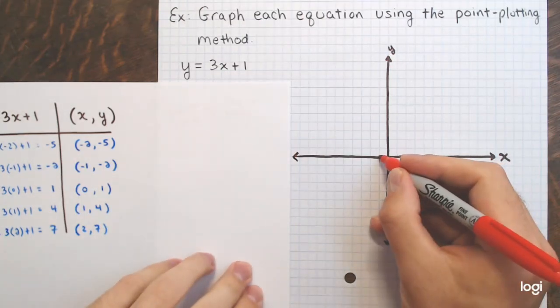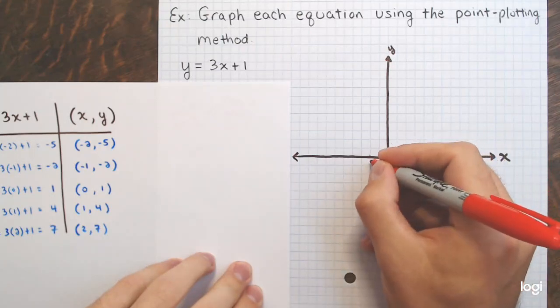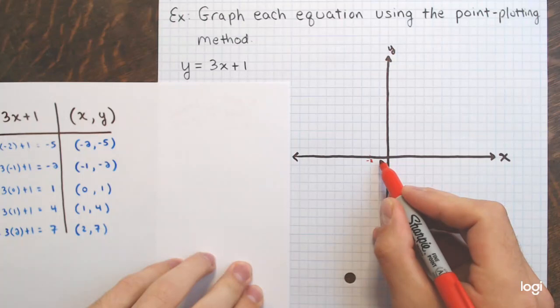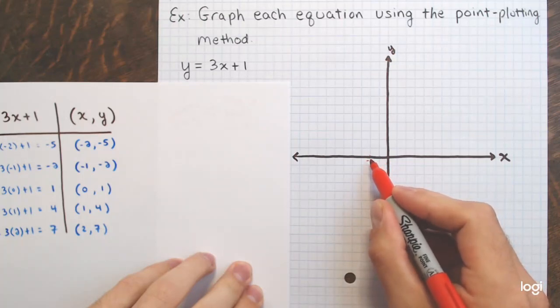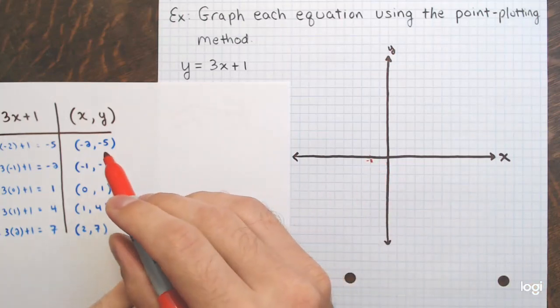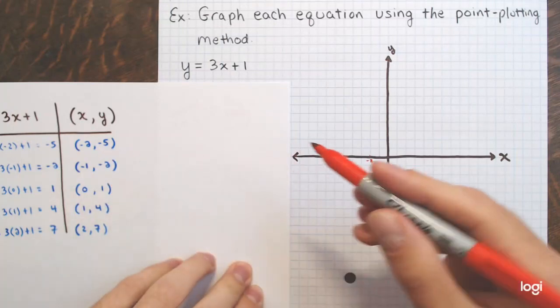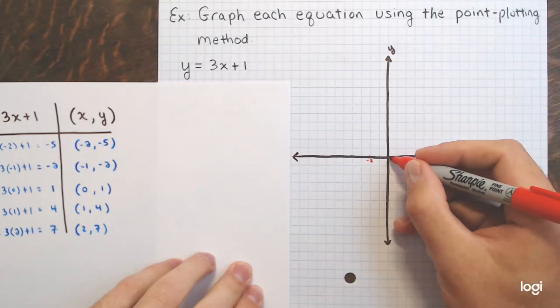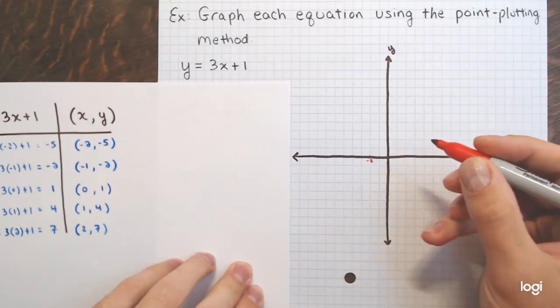So -2 on the x-axis would be right there, right? Zero's in the middle. There's -1, -2, 2 squares to the left. And then where's -5 on the y-axis? Now I'm going up and down. Zero's in the middle where the two axes cross, and then again I'm going to have each square represent just 1 unit.